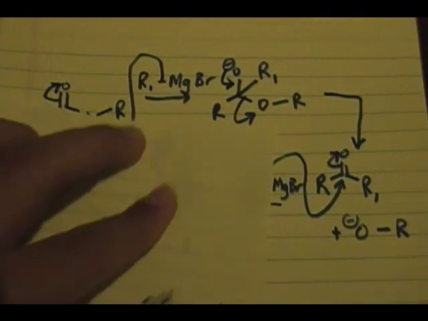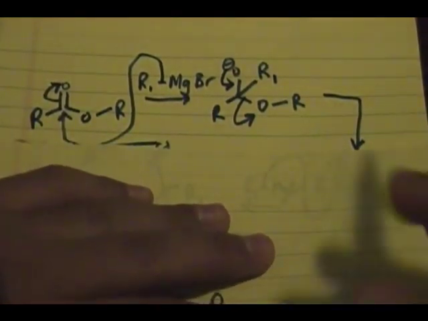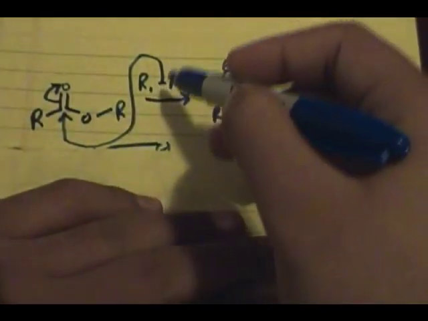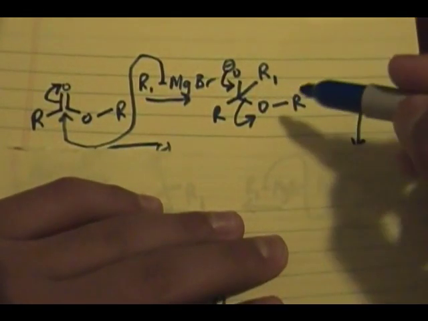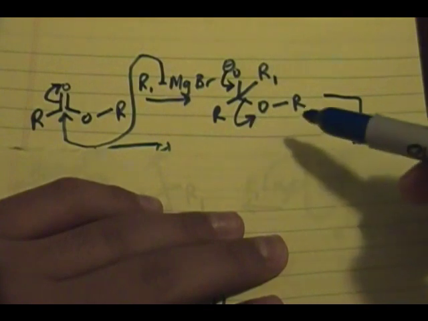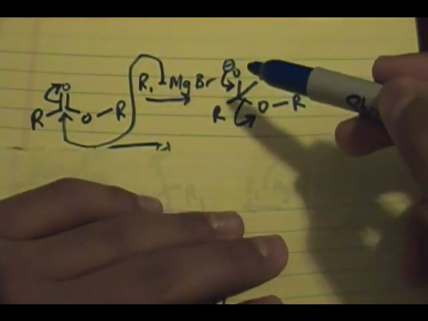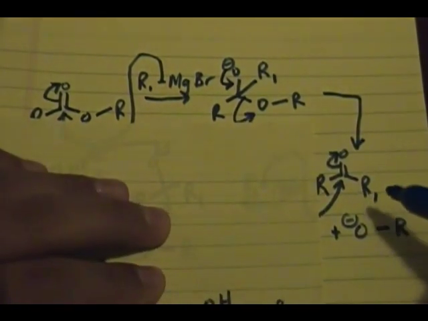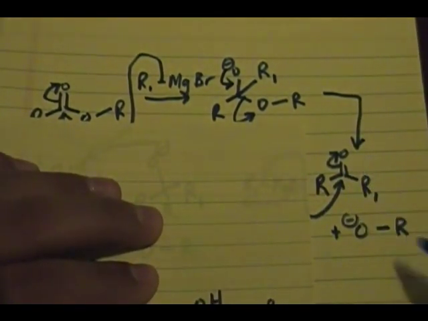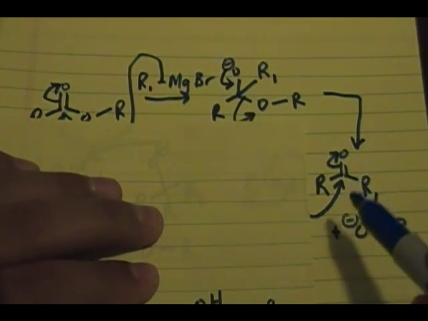A little bit messy, so let's cover this piece. Okay, what happens first? R adds into the carbon of the carbonyl. This kicks off to give you the O negative, which is shown right here. The OR group is kicked off, and you form the carbonyl again. You're left with the O minus with the R and the ketone.